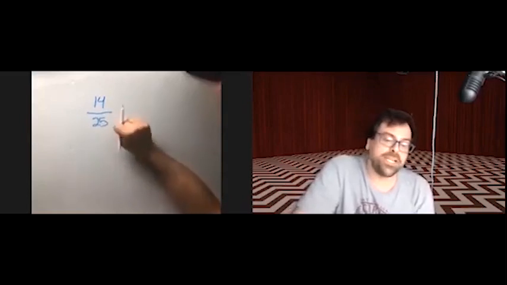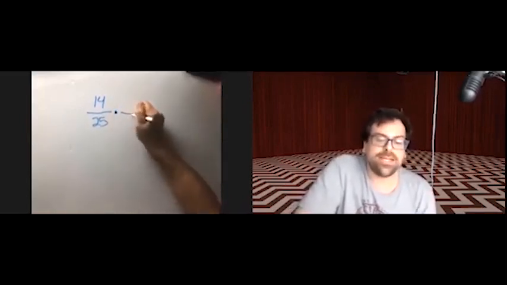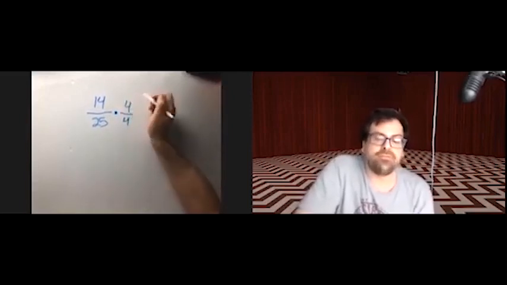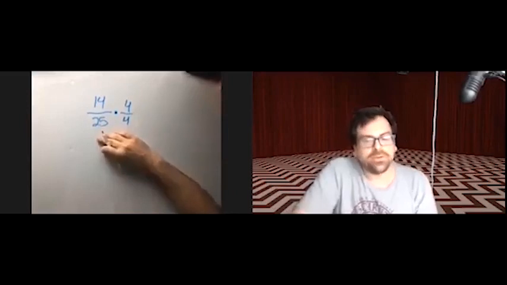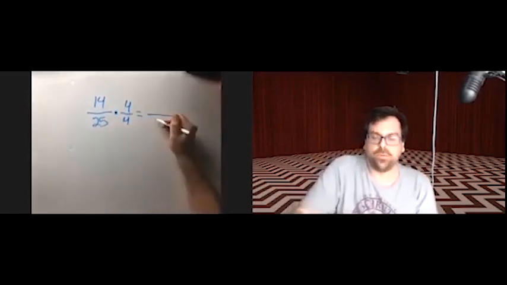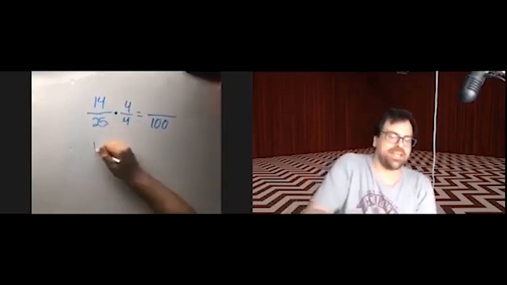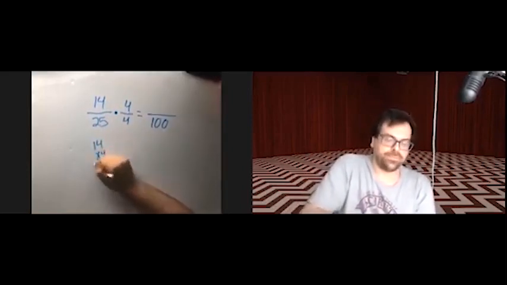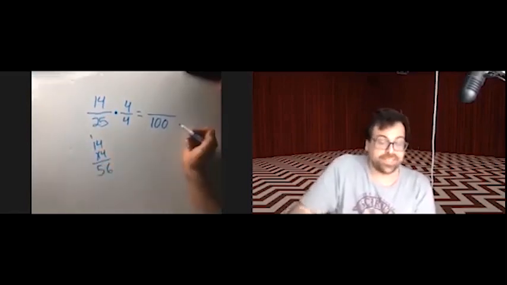When we have 14 over 25, we can recognize that if we multiply by 4 over 4, if we multiply by 1 and not change the value, 25 times 4 is 100. So 14 times 4 is 56.